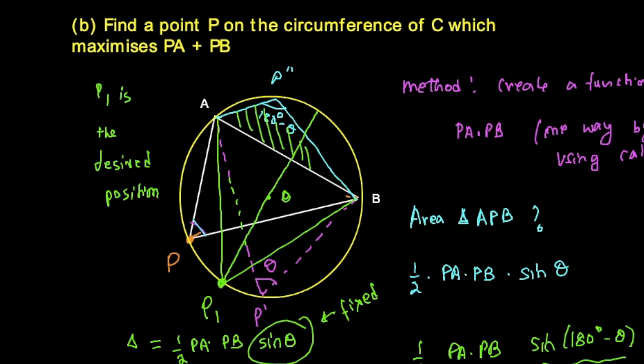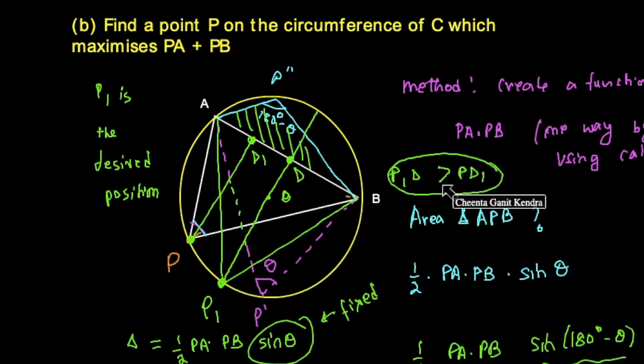Now why is it so? Well, if you take any other point P, let's drop a perpendicular from P on AB. Let's call this point D and this point D1. So notice that P1D is greater than PD1.